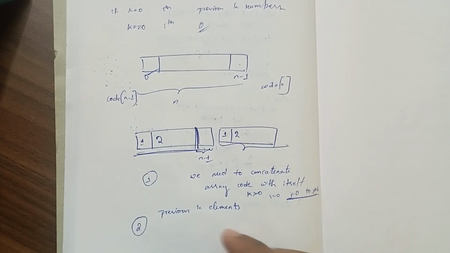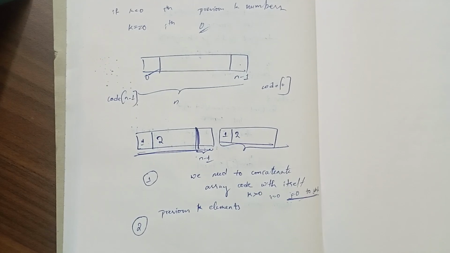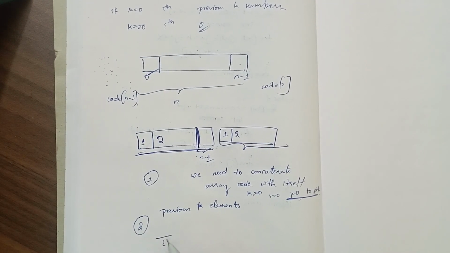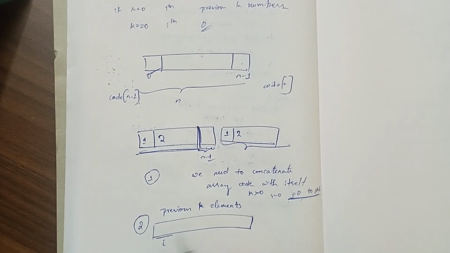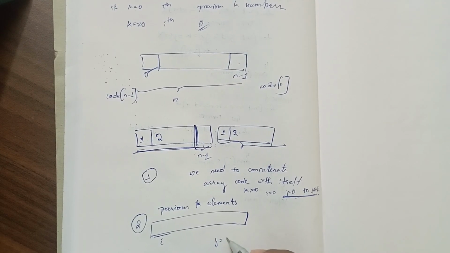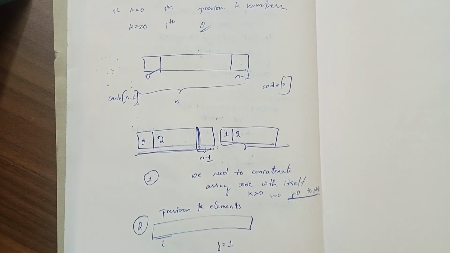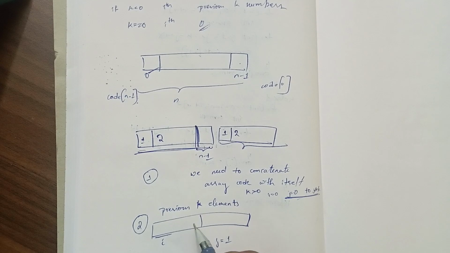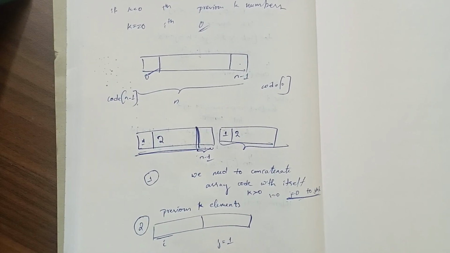But how will we find the previous k elements? If we are at an index i, and j is equal to 1, then the first previous element will be at index i plus n minus j.